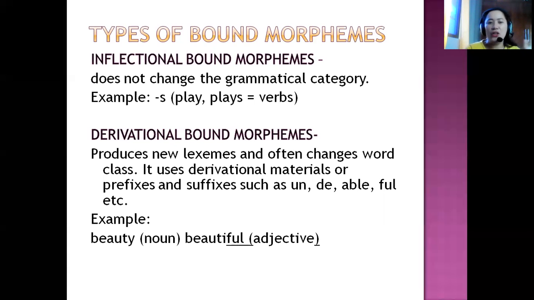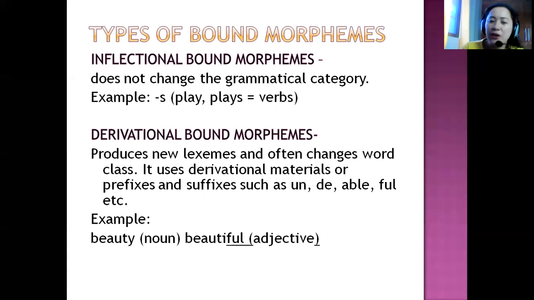Therefore, the free morpheme play is not changing in terms of grammatical category. Therefore, the bound morpheme attached to it, which is the -s, is an inflectional bound morpheme.